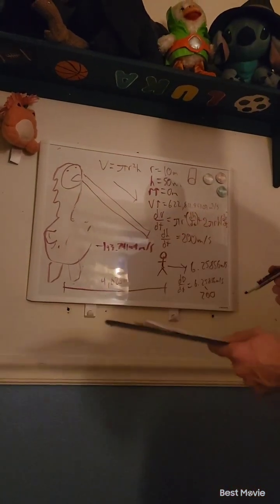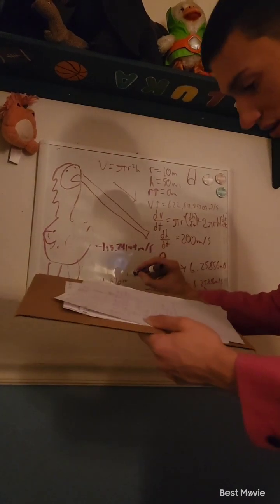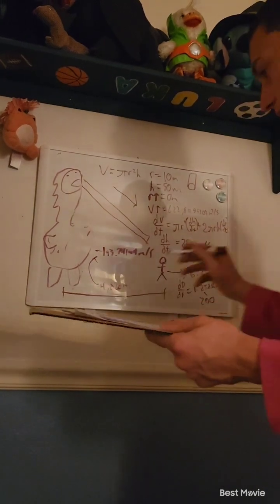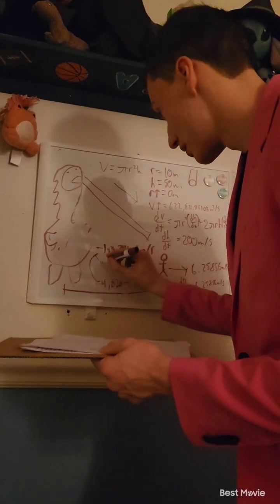And we still want to figure out how much time we have left. So if we just divide this number here, we will end up with about 25 seconds.